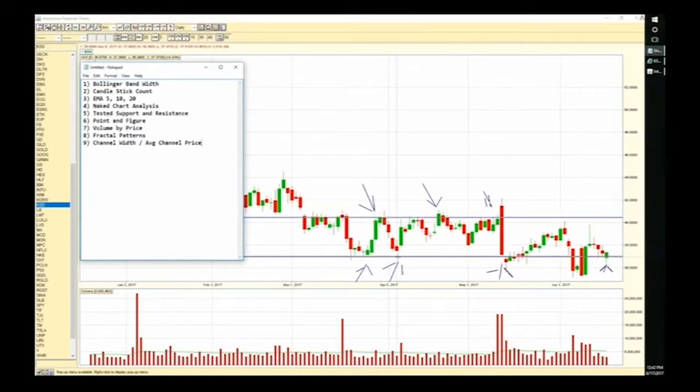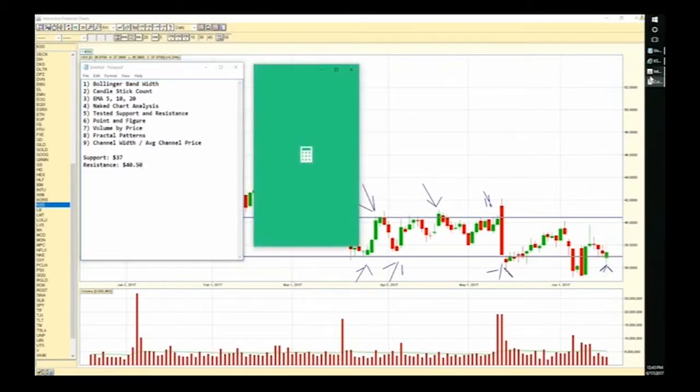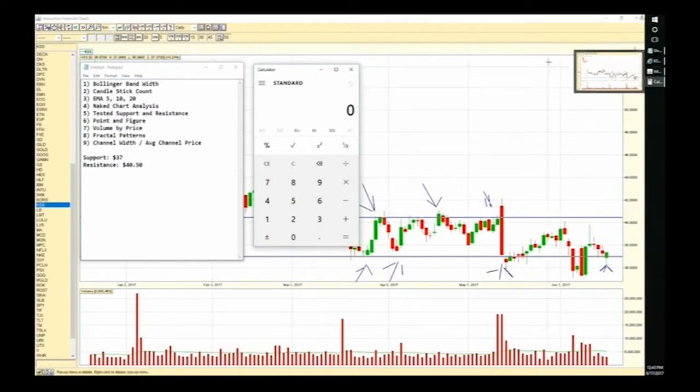So our support is about $37. Let's write that down. Support is at $37. Our resistance is at $40.50. So I take my calculator, and the first thing I want to calculate is the width. $40.50 minus $37 gives me $3.50.